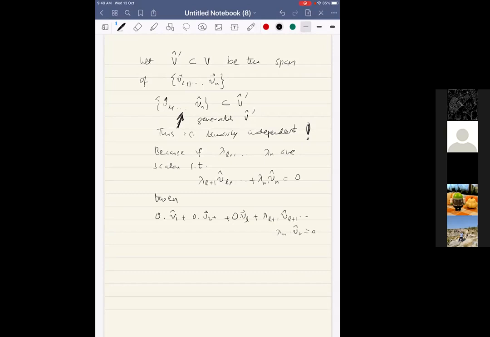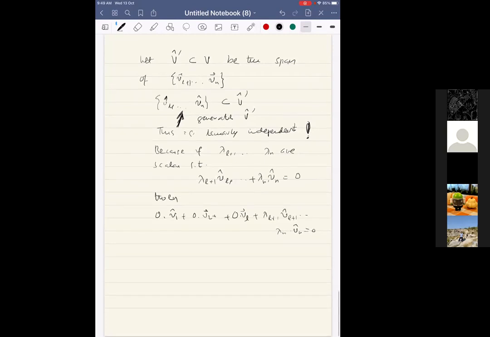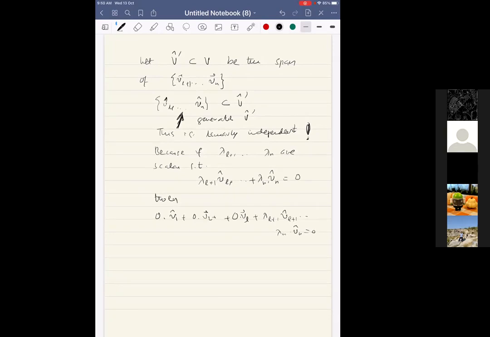But v1 to vn together form a basis of V. Therefore, all the coefficients must be 0. These guys are already 0, and these guys must also be 0. So these not only generate V hat prime, but they are a basis for V hat prime. Conclusion: VL plus 1 to Vn is a basis for the subspace V hat prime.